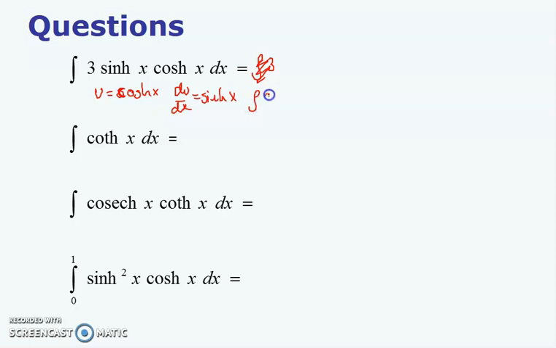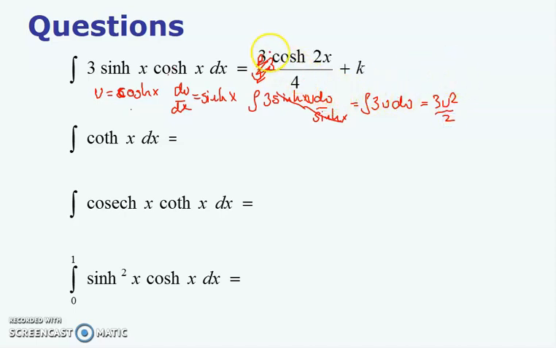The integral of 3 sinh x. And if I rewrite this as dx equals, I get du over sinh. Oh, I've missed out my u as well. There's a u there. So the sinhs disappear. It's really the integral of 3u du, which is 3u squared over 2, which therefore gives me 3.